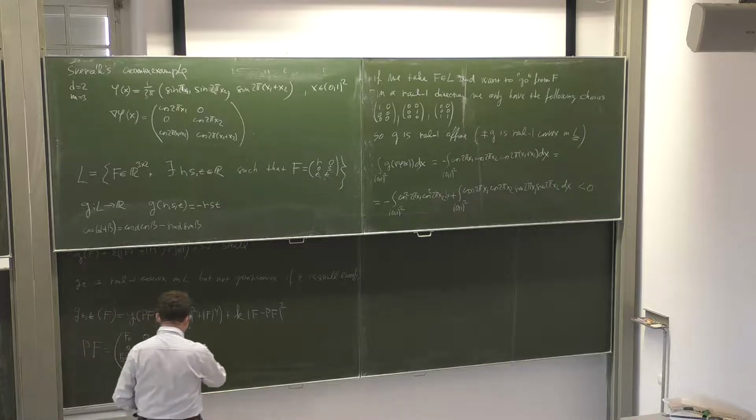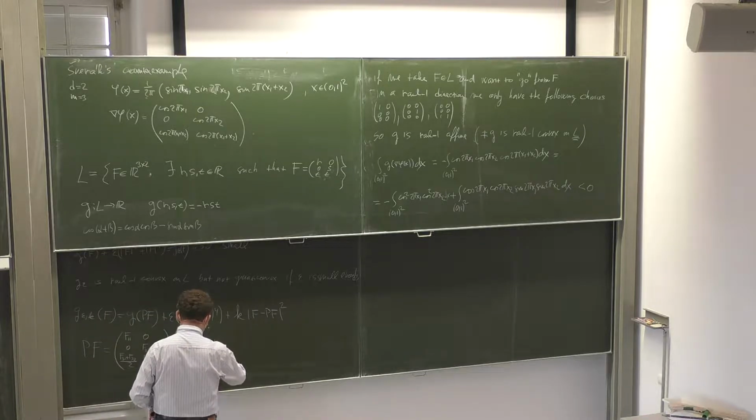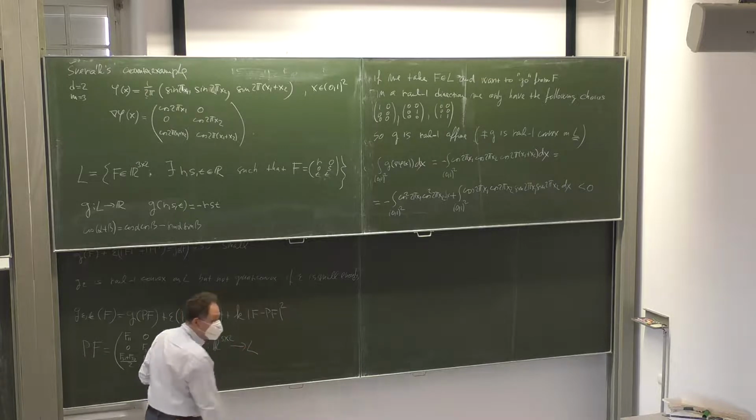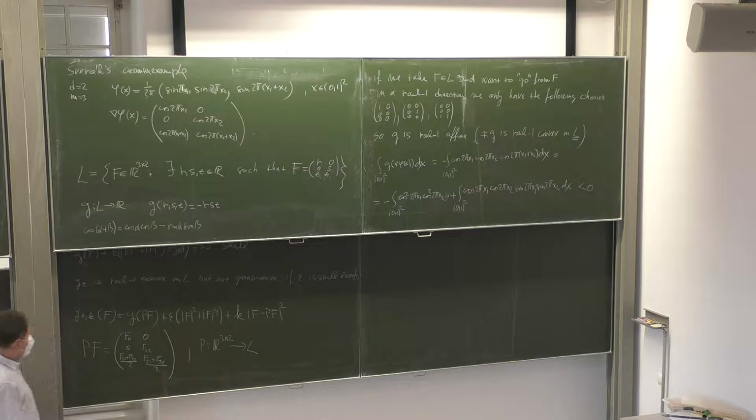So P takes a matrix in 3 times 2 and gives us something in L by this procedure.